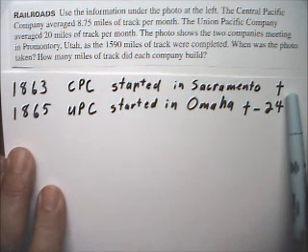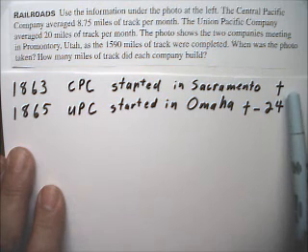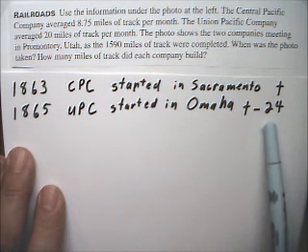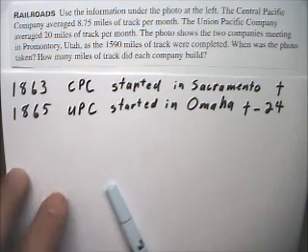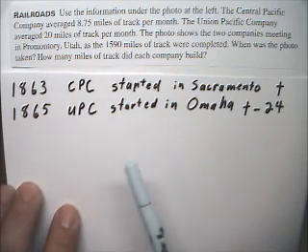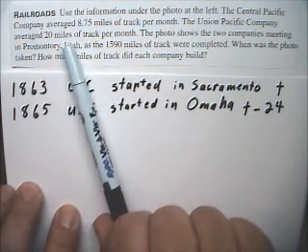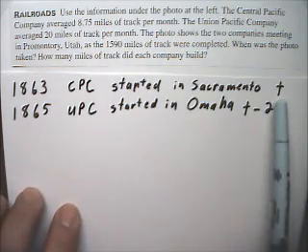So if T is the number of months that CPC, Central Pacific, used, then T minus 24 is the number of months that the Union Pacific Company worked. Now, it says the number of miles of track per month.